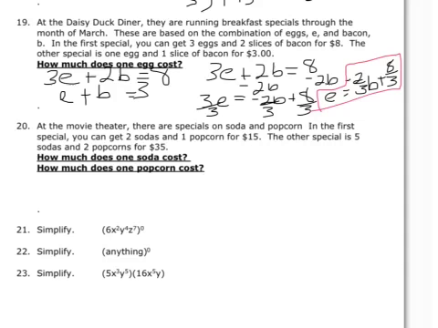And for the other one, I'm just going to move the b to the other side. So I get e equals negative b plus 3. I would type these two equations into my calculator.